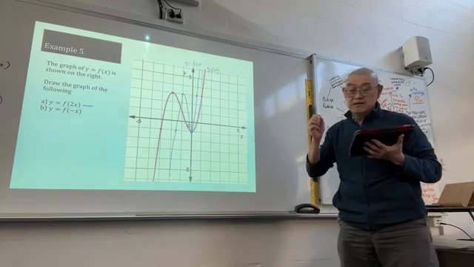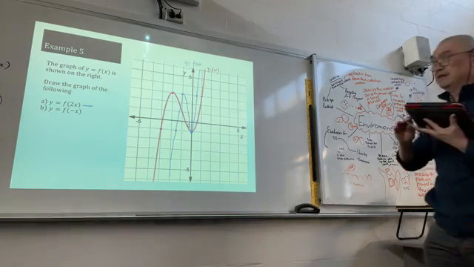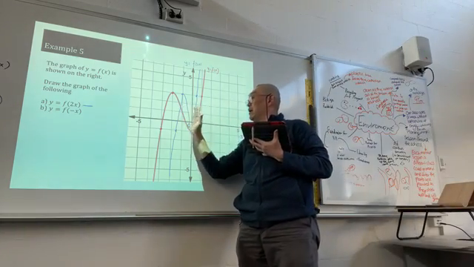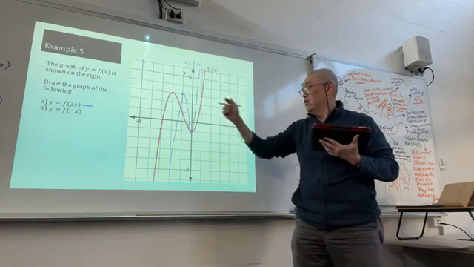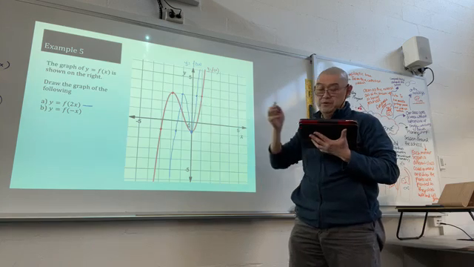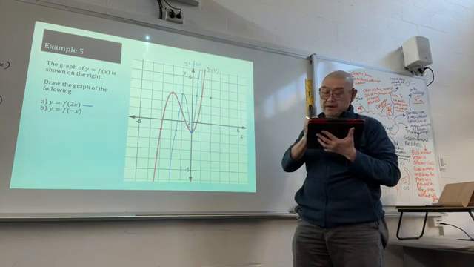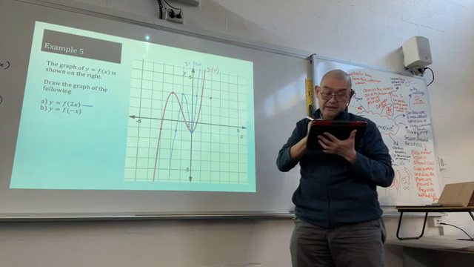Alright, the next one is reflection. Is this reflected about the y or the x-axis? This one would be y. So from here to here or here to there. Again, look at those points. This one will go all the way to there. This reflected, it will go to here.